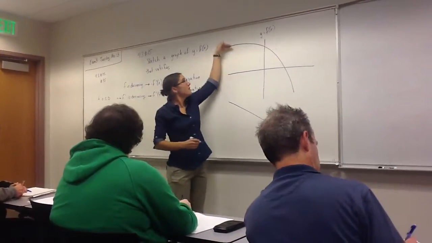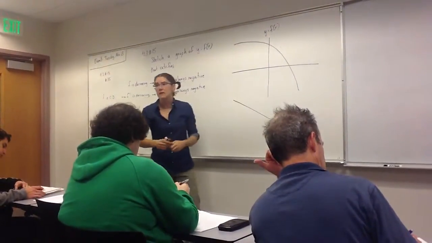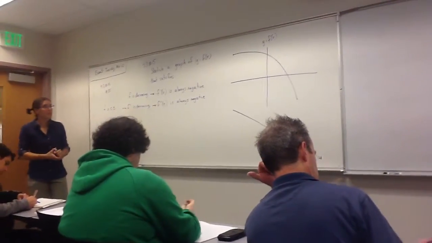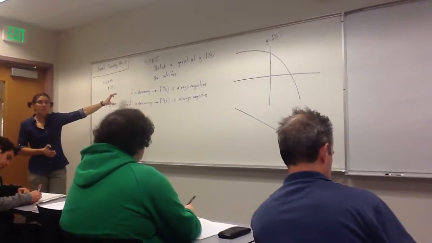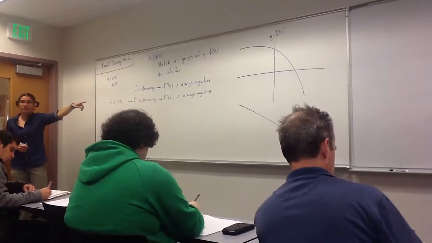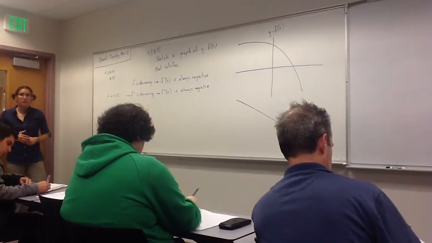So my function f is decreasing, and this entire curve is concave down. So that's one example of a function f that satisfies these two requirements. Are there any questions about drawing that picture? Andrew, does that work for you? That does, thank you. Great.